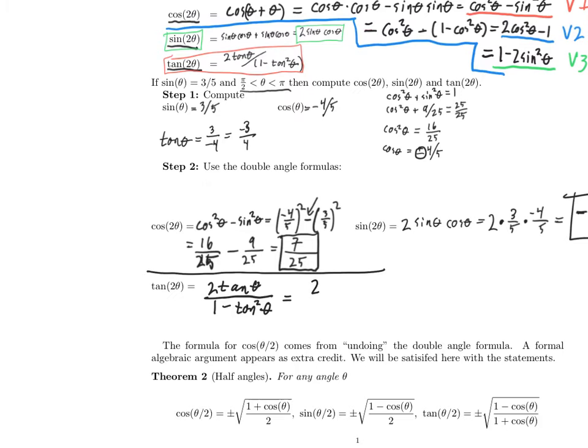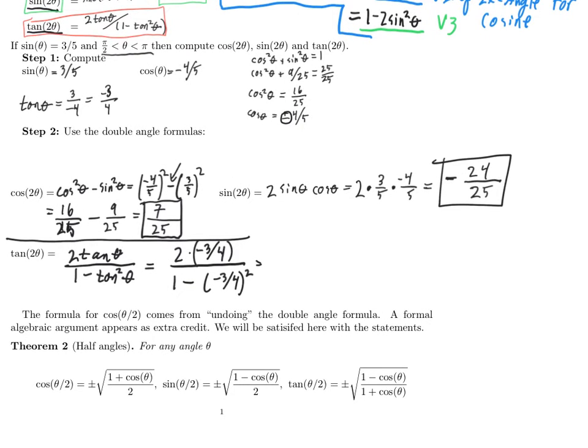So that'll be 2 times negative 3 over 4 divided by, parentheses matter, put them in, 1 minus negative 3 over 4 squared. And this will require some simplification. So let's see. The numerator, I multiply by 2 and then I divide by 4. That's the same thing as just dividing by 2. So that's negative 3 over 2 all over 1 minus negative 3 over 4 squared.